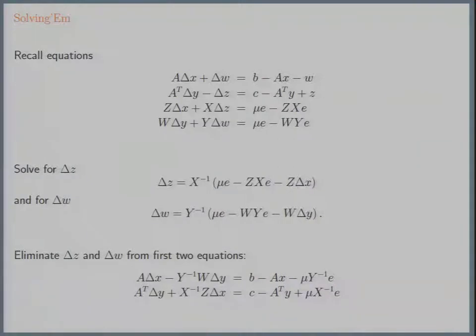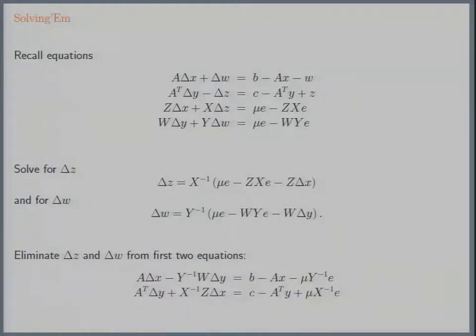Now multiply through by minus 1, and this is just A XZ inverse A transpose plus Y inverse W times delta y equals the same thing.